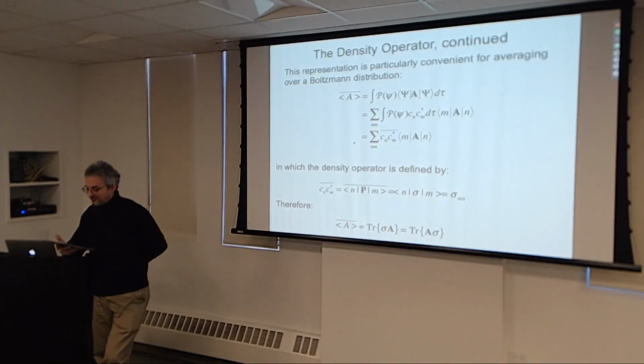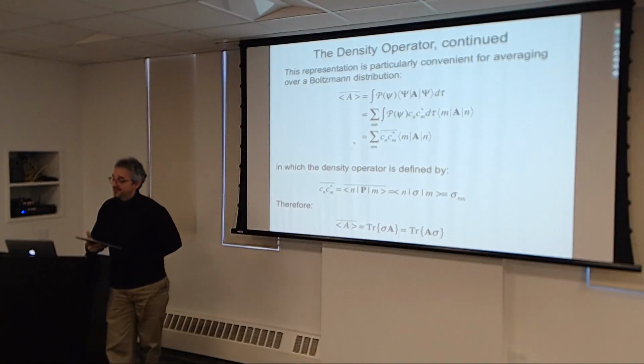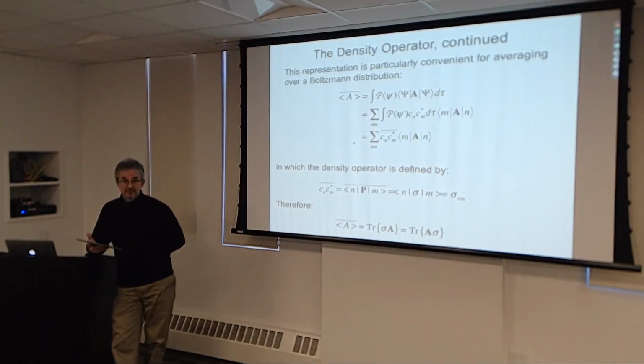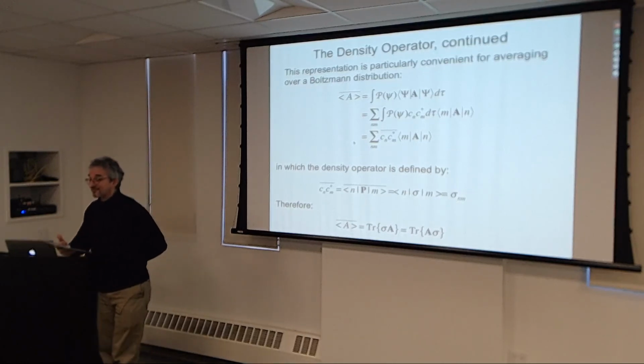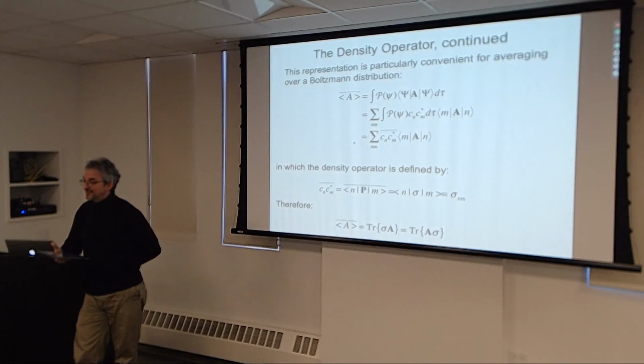And one reason this is convenient is, and this will probably be the last thing we do today because it's so powerful, I'll give you a week to think about it, remember the expectation value in quantum mechanics means we take an ensemble of identically prepared systems, make the measurement on each system, and then average them.